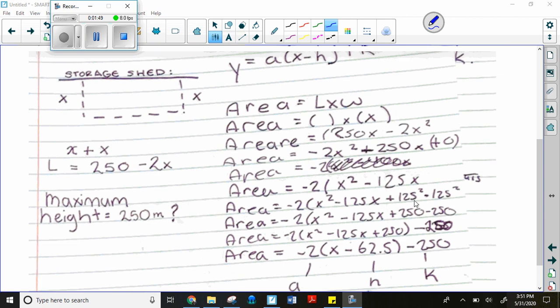I'm a little bit suspect right here because you forgot to divide this number by 2. So it should have been, like you set it down here, it should have been negative 62.5, negative 62.5. And what is 62.5 squared?